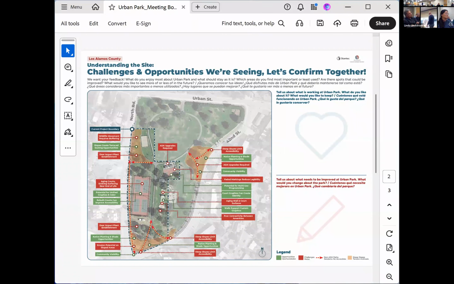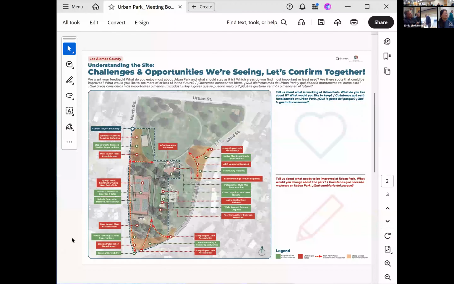We'd like you to look at our observations here. The red is what we see as a constraint, and the green highlights what we see as an opportunity on the park.